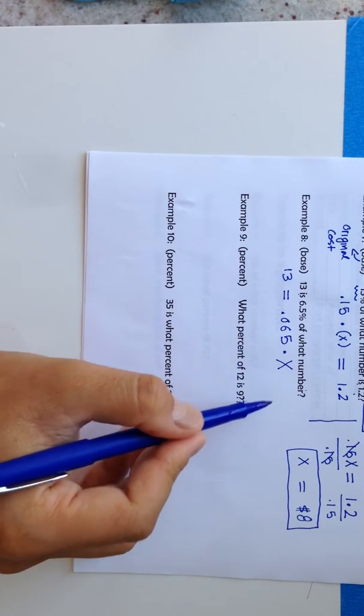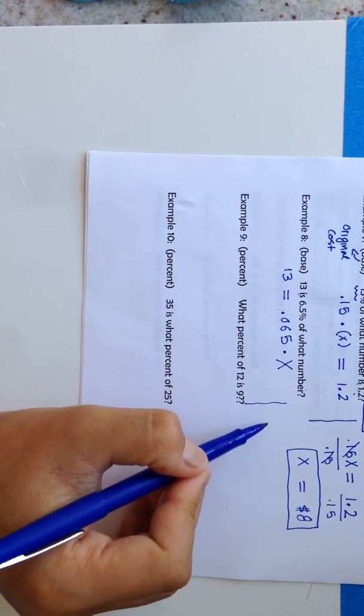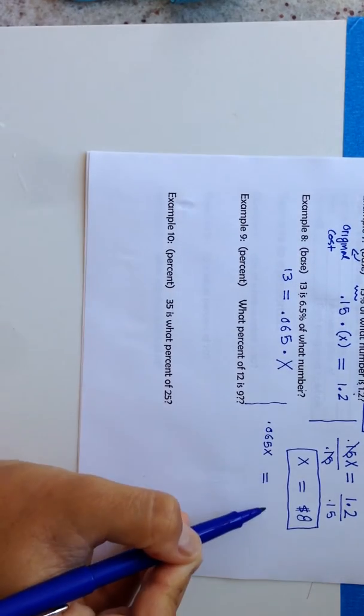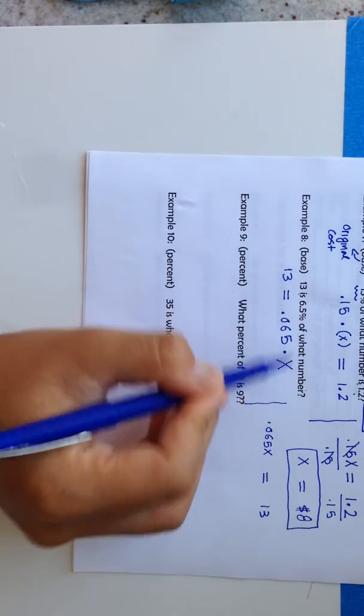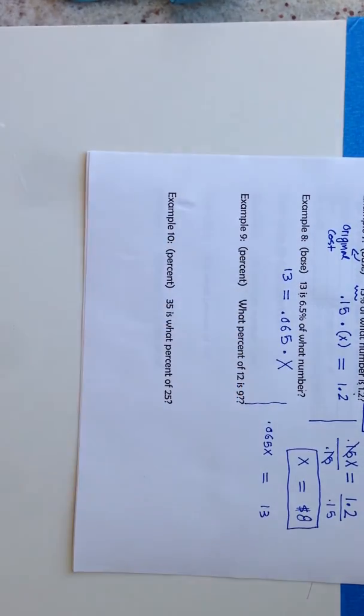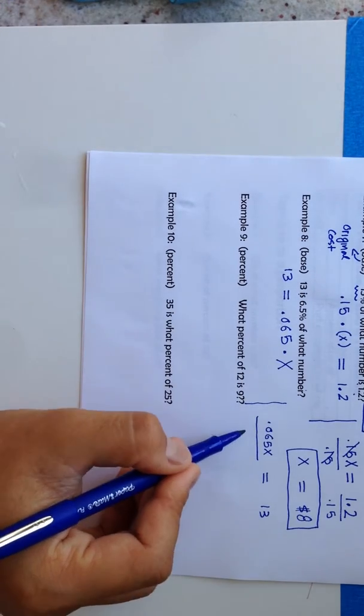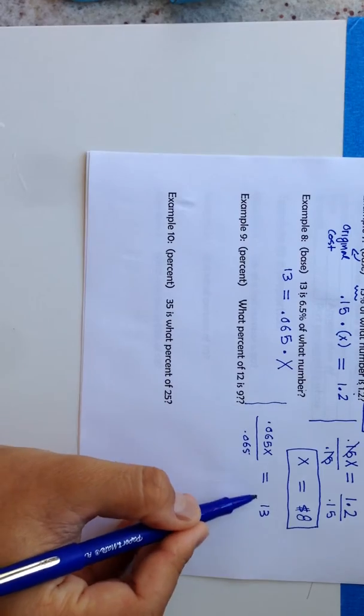I'm going to write it like this. What I did is I wrote this guy on the left side and I wrote 13 on the right side, so that's easier for you to see, hopefully. And the next step is to go ahead and divide both sides by 0.065.